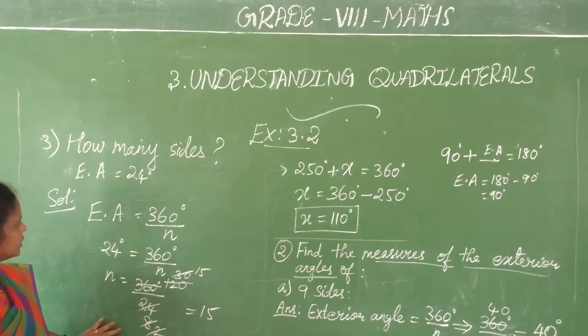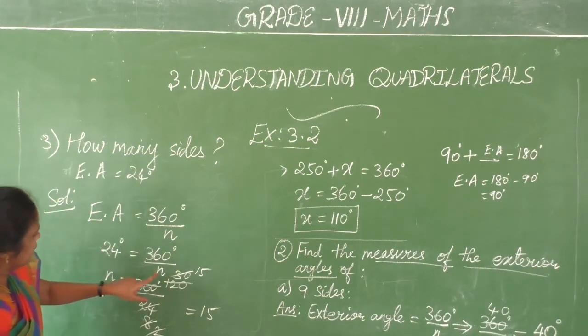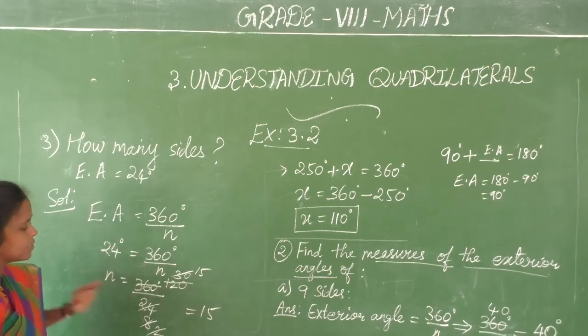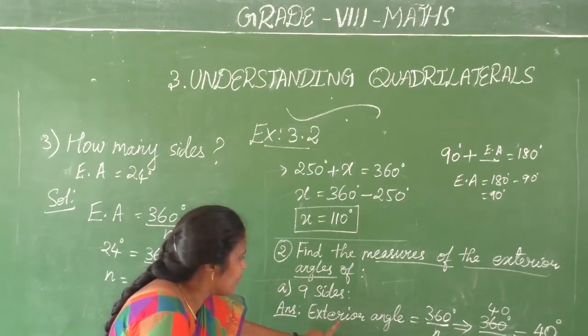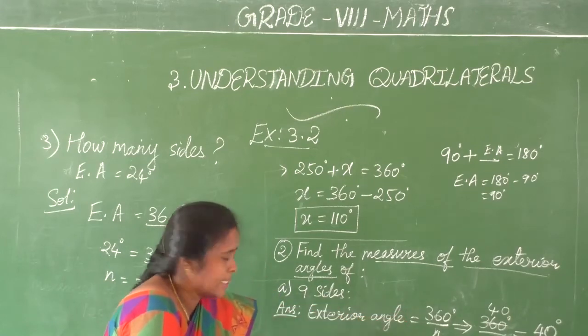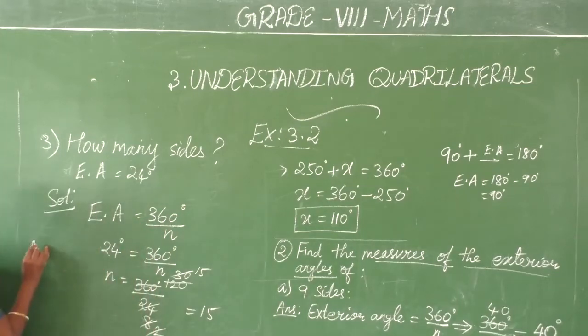Clear? What we observe is the exterior angle is given. For finding the number of sides, we have to divide 360 degrees by the exterior angle. If the number of sides is given, how to find the exterior angle? We have to divide 360 degrees by the number of sides. Clear? If I have to find the number of sides, what is the formula? 360 degrees by the exterior angle.